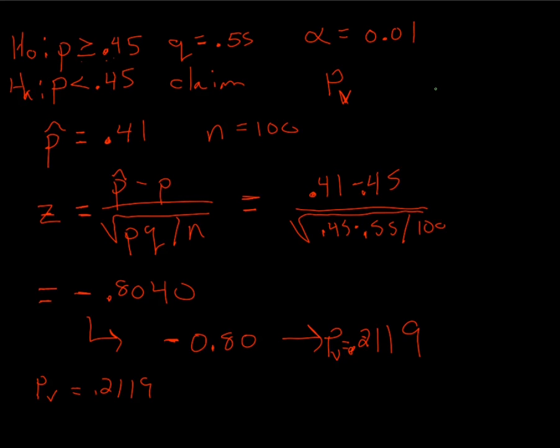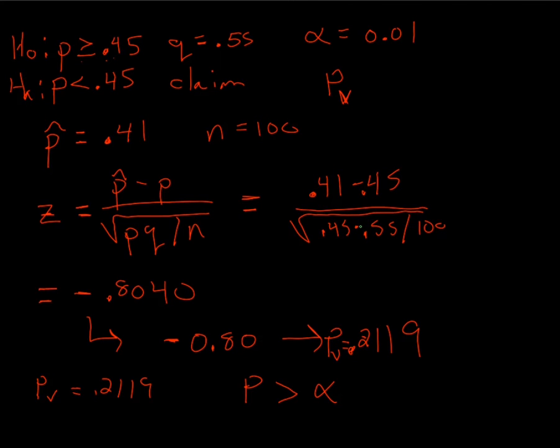Well, that's much greater than alpha, right? So our p-value is greater than alpha. 0.2119 is greater than 0.01. And if our p-value is greater than alpha, and you want to look in your textbook for this, then we fail to reject the null.